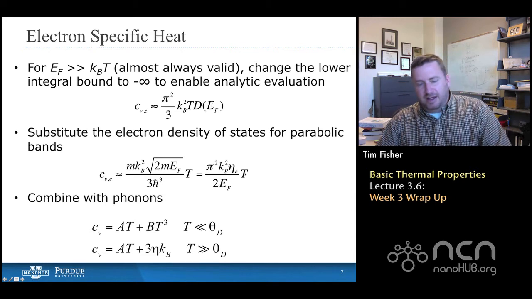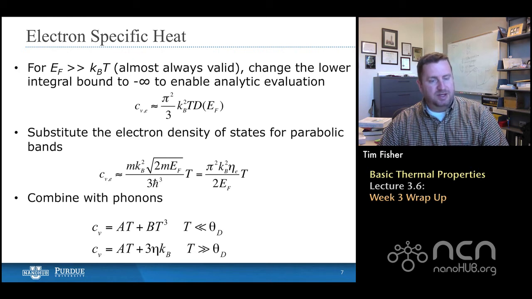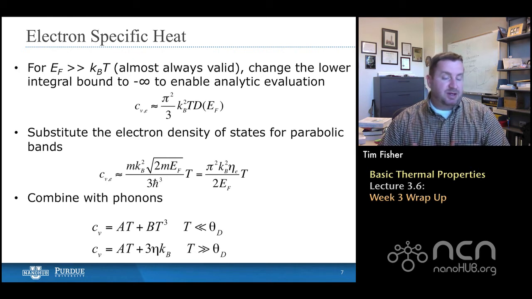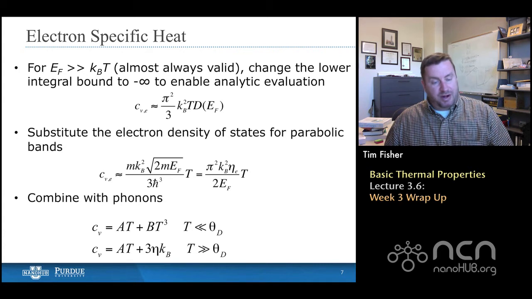And then finally, when we combine these, the electronic specific heat with phonons, because in something like metals, both carriers can absorb and store energy, we see that we have a linear plus a cubic term at low temperatures, where temperature is defined relative to the Debye temperature, and then a constant for high temperatures in general.